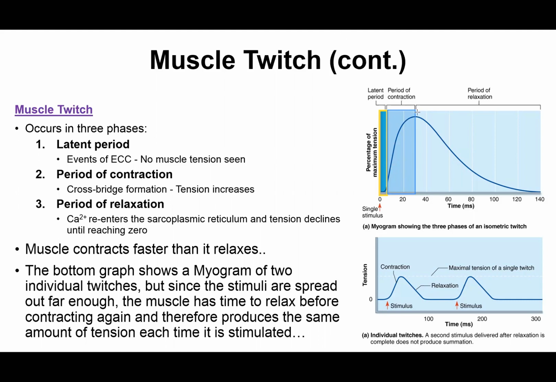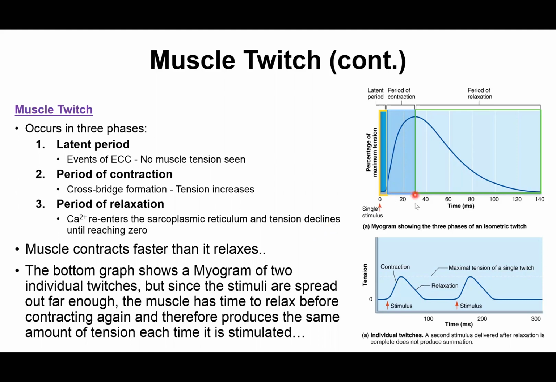Finally, the third phase is the period of relaxation. And the period of relaxation is when calcium is re-entering the sarcoplasmic reticulum, and therefore tension is decreasing at a slow rate until it reaches 0.